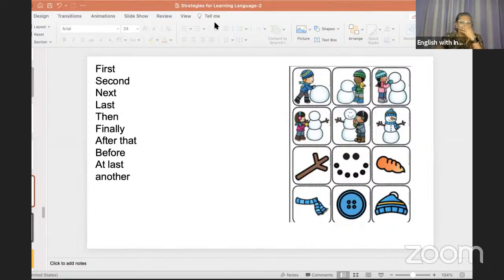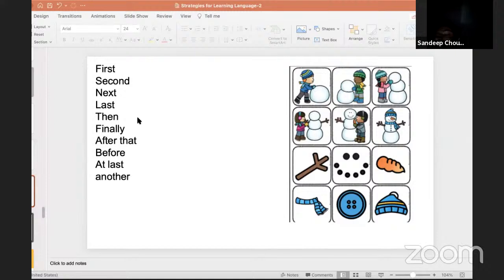I want other people to speak because there are other students in this class too. Let's see. Arun is there. Do you want to try? Arun, what do you think is the first step? A ball of snow, right? First, you have to collect the snow. Can we use gather here?